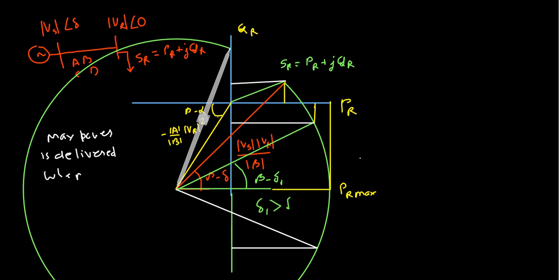So now I hope that you have understood why it is called the circle diagram, because the locus of SR is on a circle which has the center, this one, which is OC. So this is C, this is O. OC, C as the center, and the radius as this much, CP.